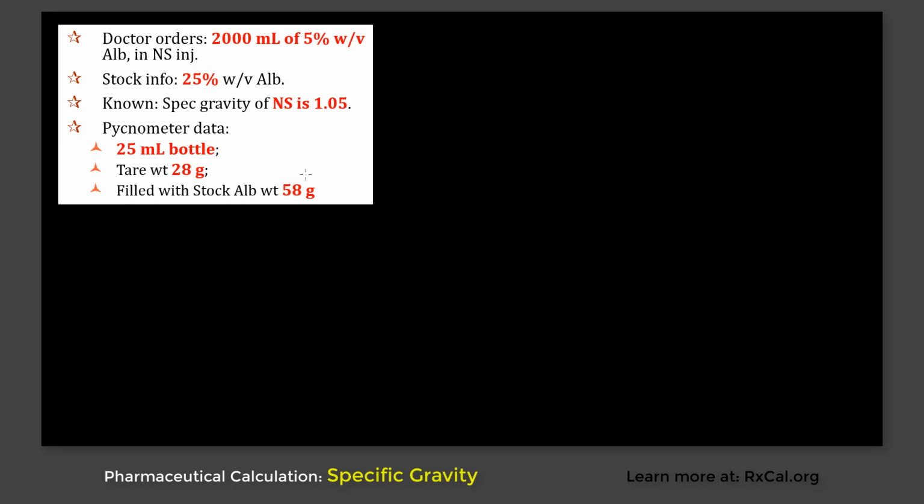So the first part wants us to determine the specific gravity of the albumin solution, which has a concentration of 25%. So let's first try to draw the picture of pycnometer. Let's say this is our pycnometer, and its capacity is 25 ml.